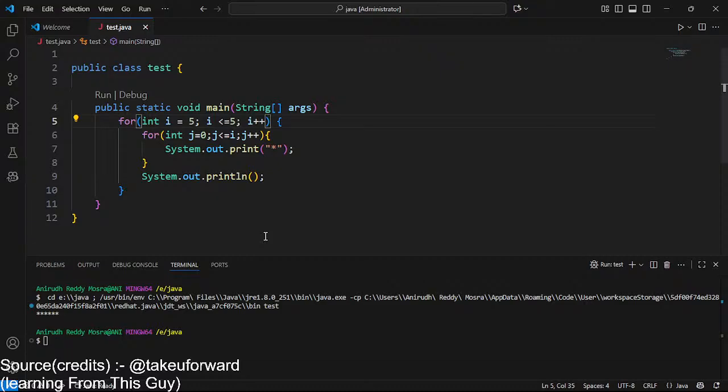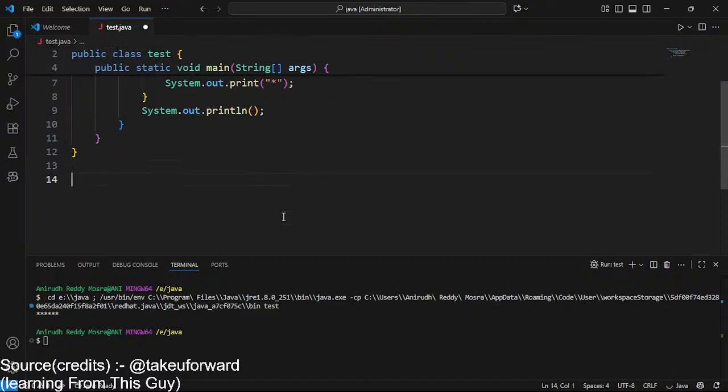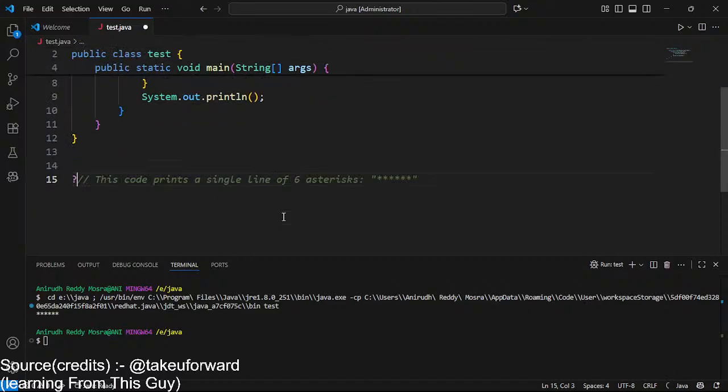I think so. You need to print 5 lines. So you need to print 1, 4, 5.